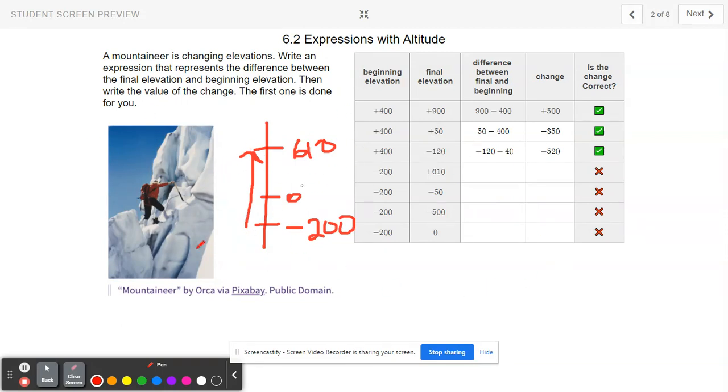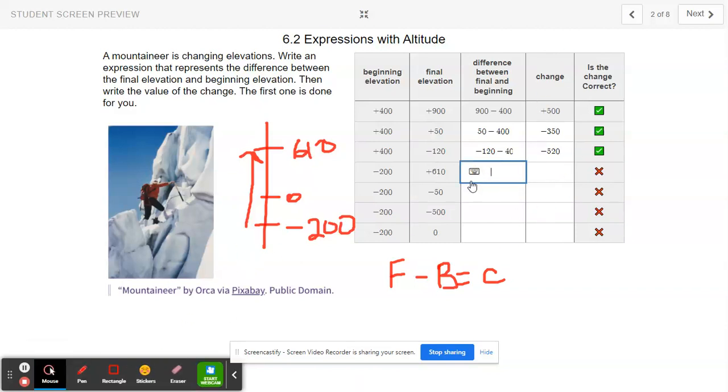So to find that actual number, again, just like the others, we're going to take our final elevation and subtract the beginning elevation, and that gives us this change here. So the math problem is 610 minus negative 200.